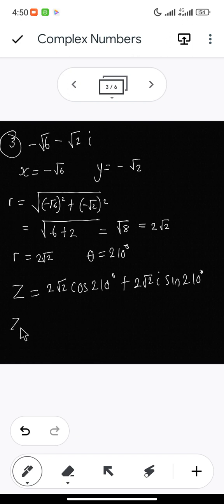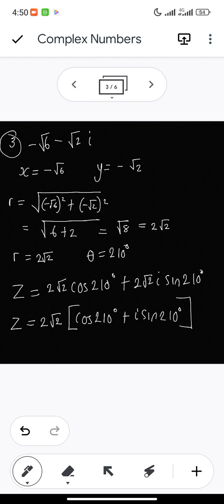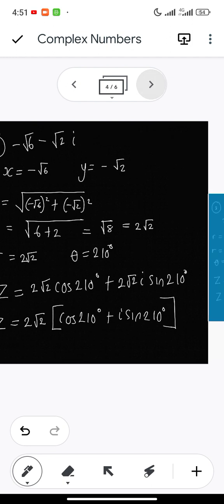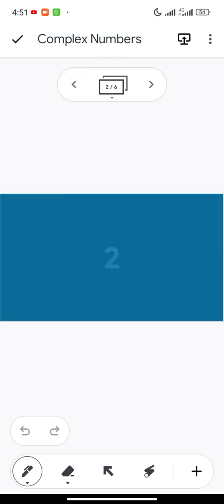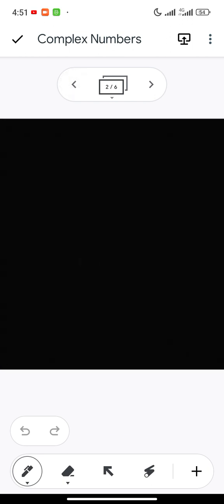You can also factorize this: 2 root 2 into brackets cos 210 degrees plus i sin 210 degrees. As usual, if you use the calculator on this, you get back your initial question. I'll go to the last example. Example number 4.